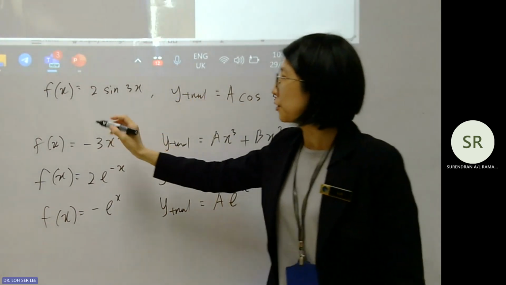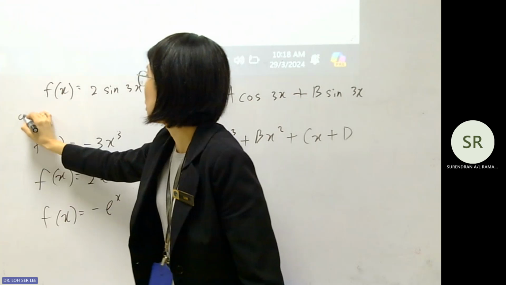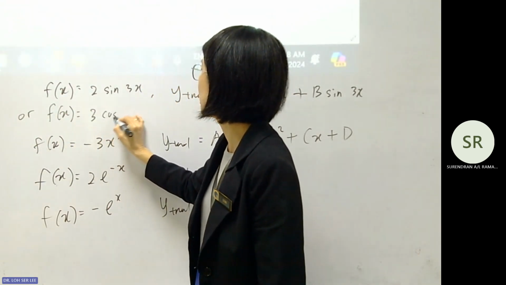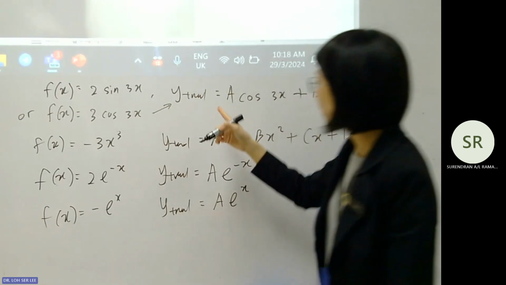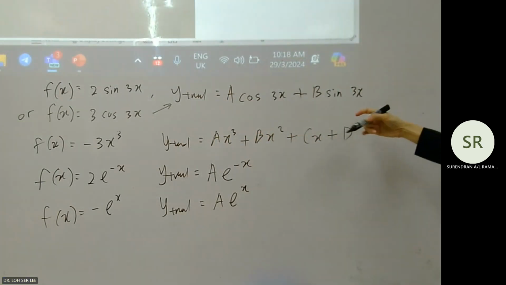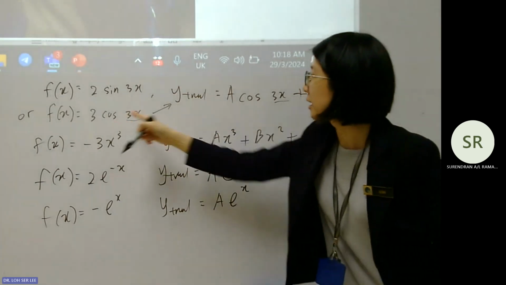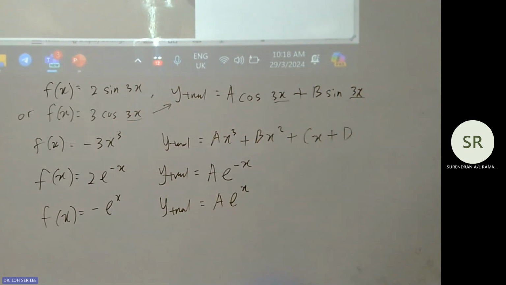Even if your f(x) is 3 cos 3x, the y trial is also this one, with 3x, and it comes in a pair, cos and sine.